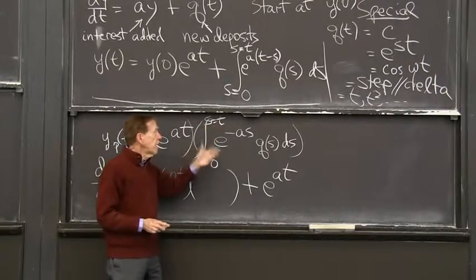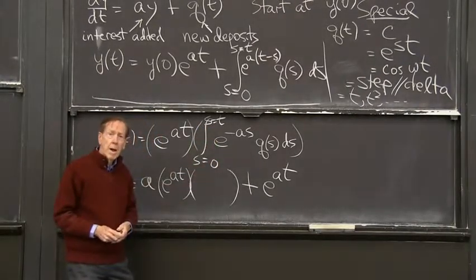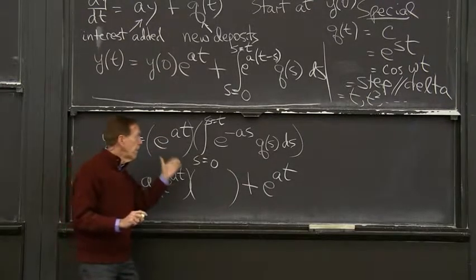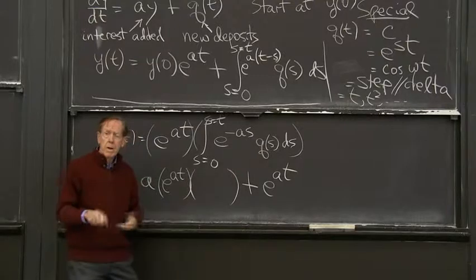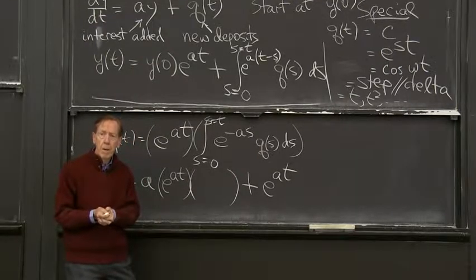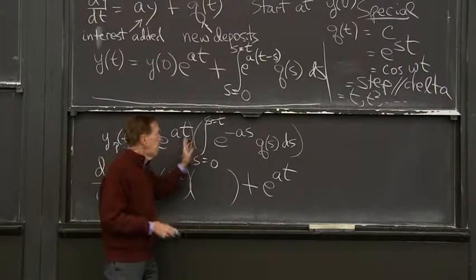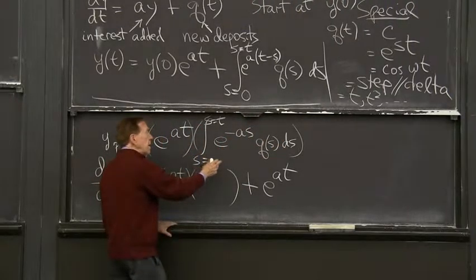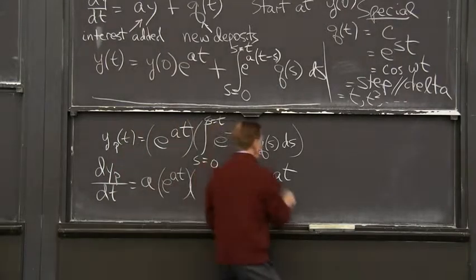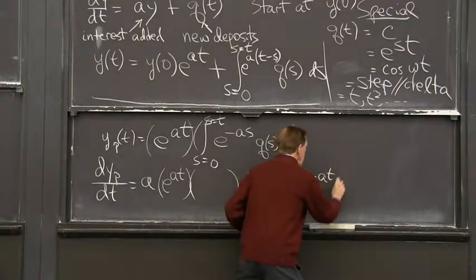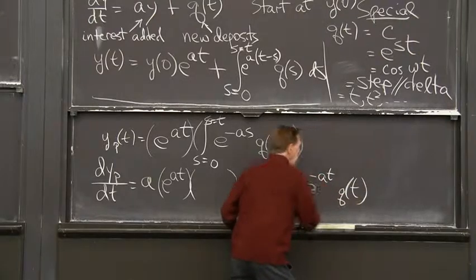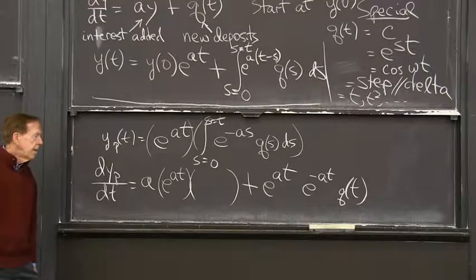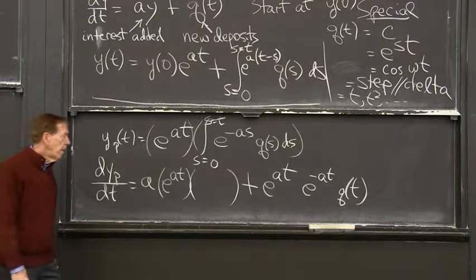It's the integral up to time t of some function. And the fundamental theorem of calculus says that the derivative of the integral is the original function, right? So the derivative of this integral is the original function that we integrated at time t. So it's e to the minus at q of t. That's the second term from the product rule.